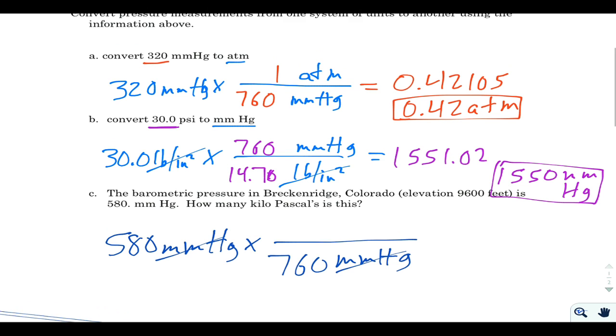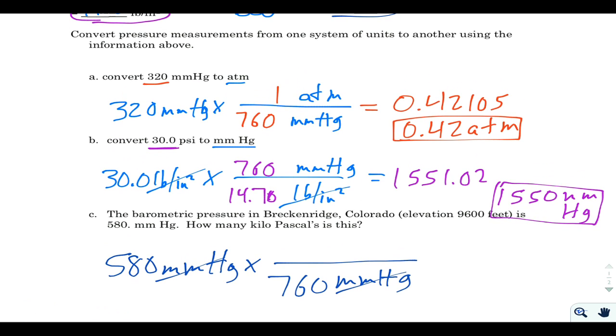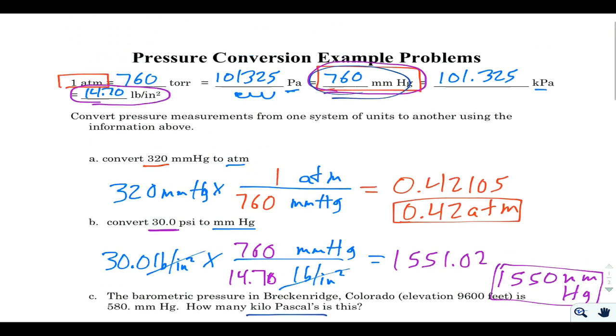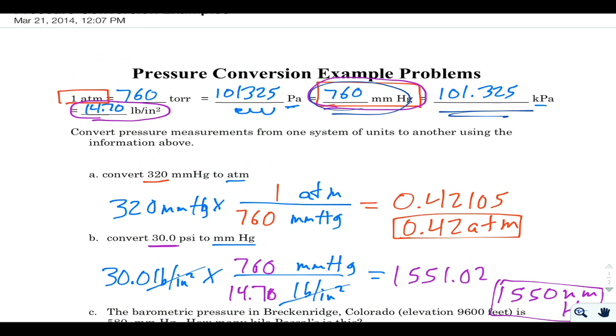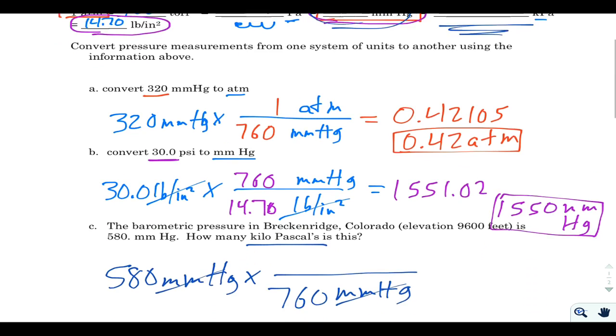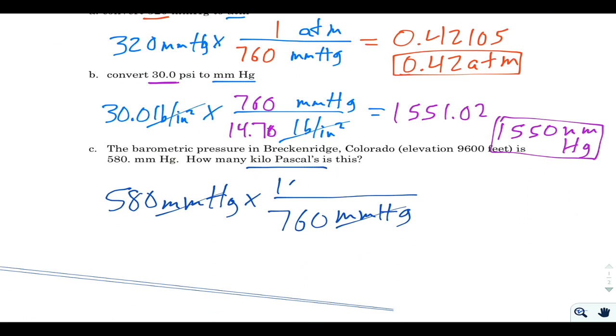And then on the top, we want to know how many kilopascals, right? Well, kilopascals is here. So 101.325 kilopascals goes on the top. So in your calculator, 580 times 101.325, because it's on the top of the fraction, divided by 760 because it's on the bottom, gets you 77.327.